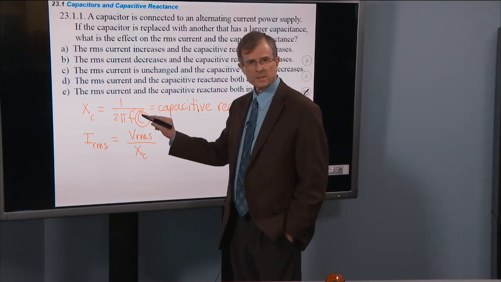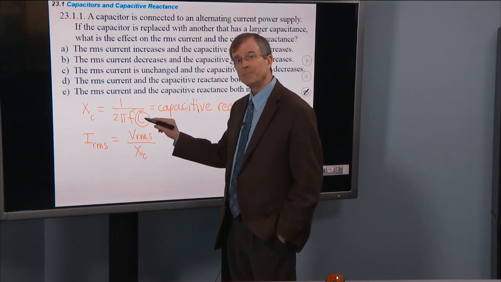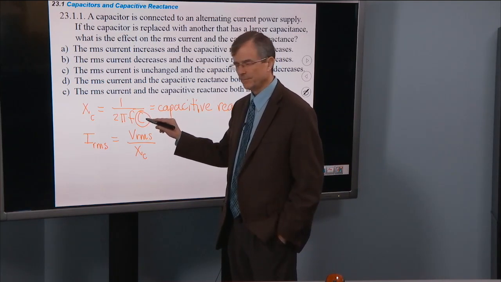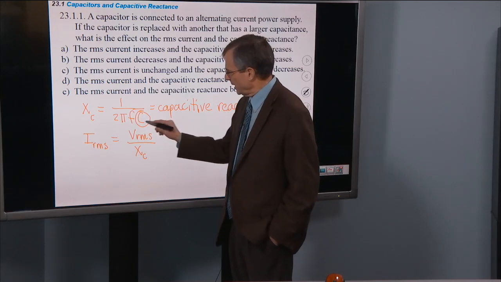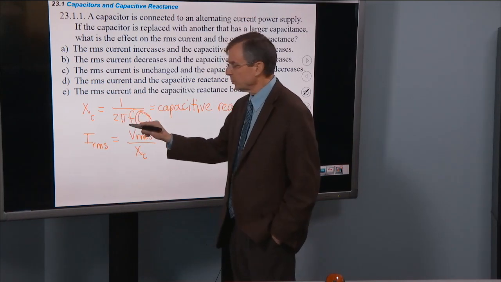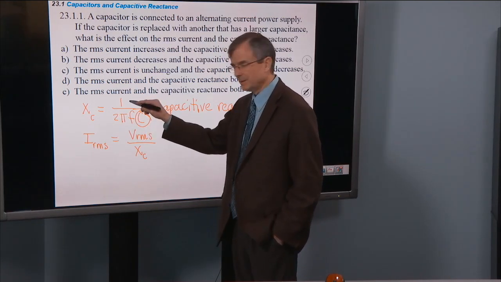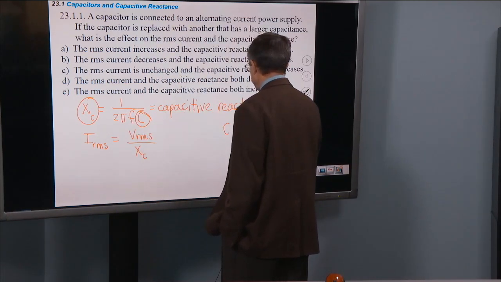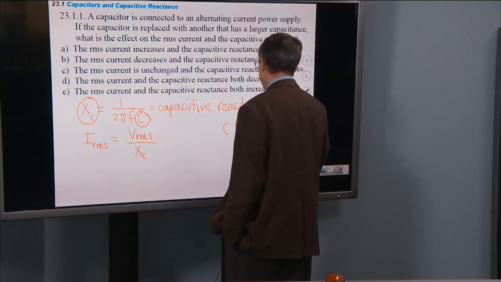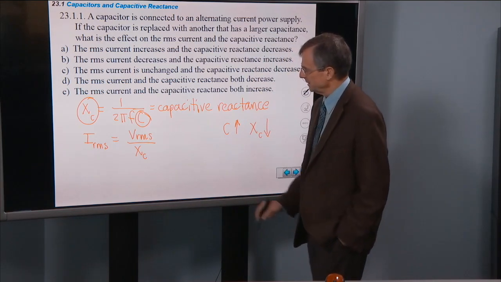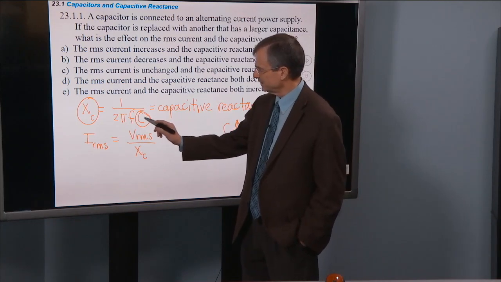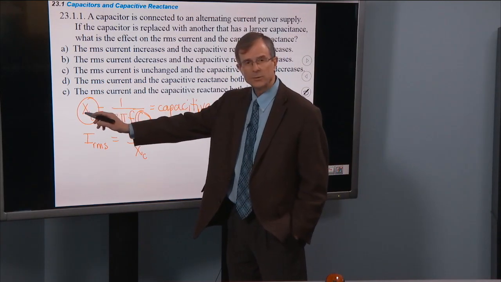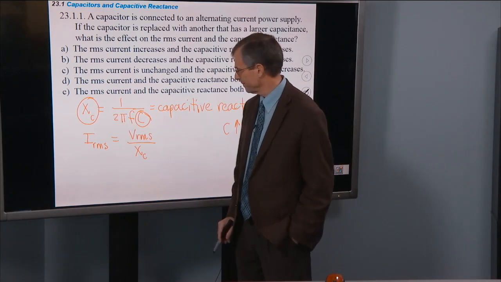Well, if you replace this C with a bigger number, that will increase the denominator, which will make X sub C get smaller. So if C goes up, then X sub C is going to go down. You increase the denominator, you're going to decrease the result.